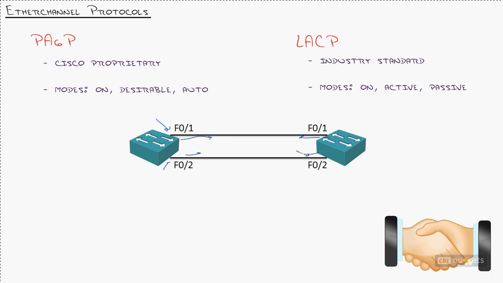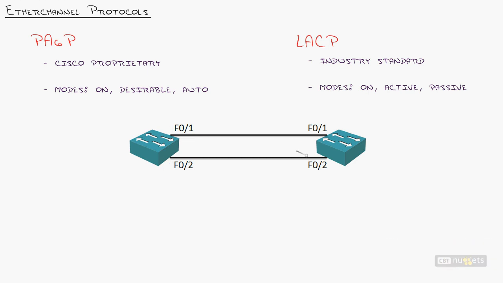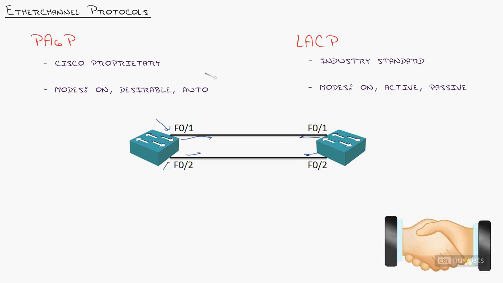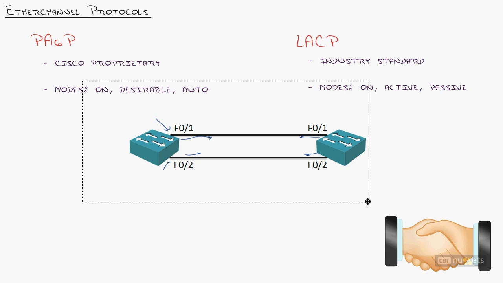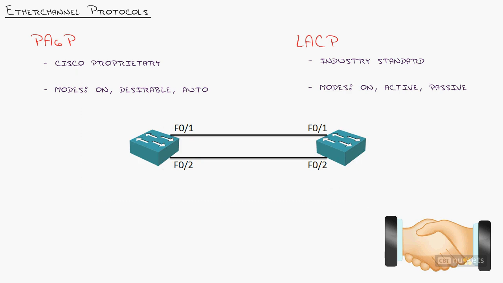Now, this is actually one of the areas where I would not suggest hard coding it. I know. I'm usually like, hard code, not auto. Anything you can hard code, you'll want to hard code, and that's true for the most part. But the reason I don't suggest, and Cisco doesn't suggest, hard coding the on is because when you hard code it on, if the other side isn't configured correctly, you can't detect it.